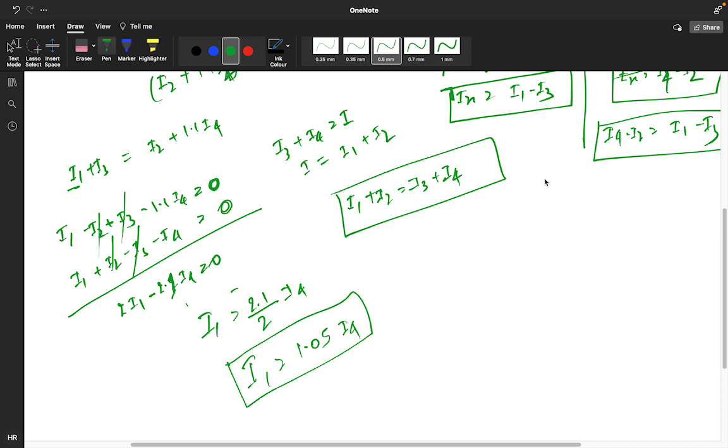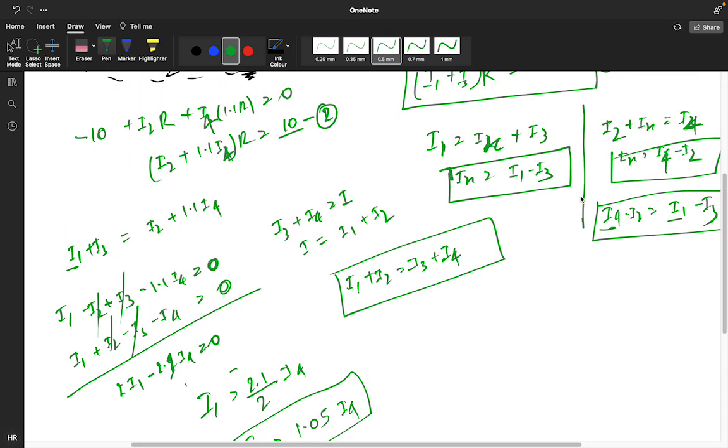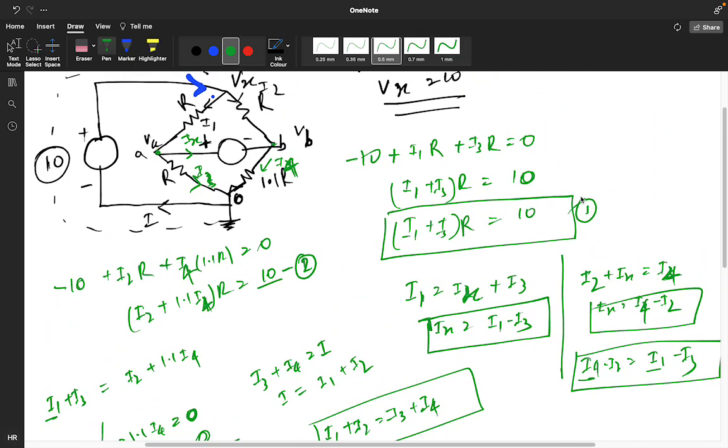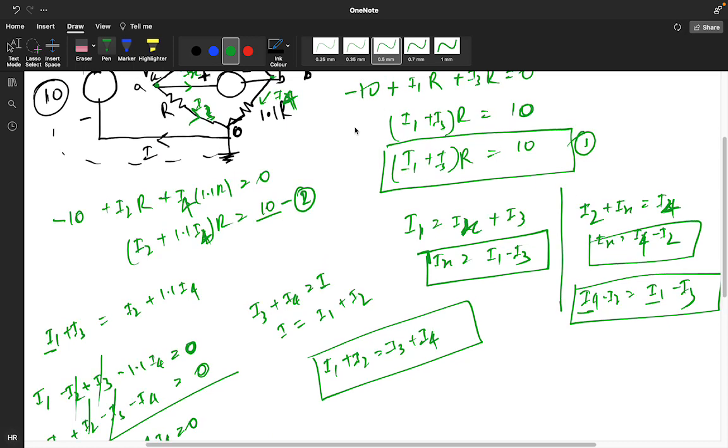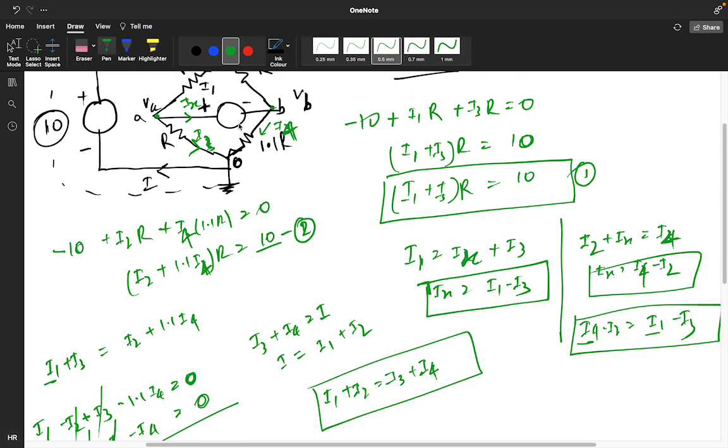Now you have the relation between I4 and I1. If you substitute this, then you will get the relation between I2 and I3 also. Can anyone tell me, you have the value of I3 and the I4 value.